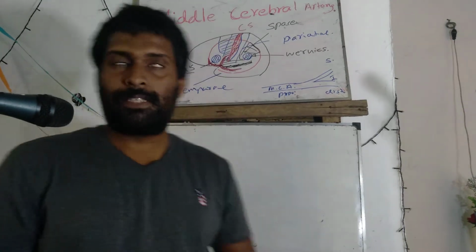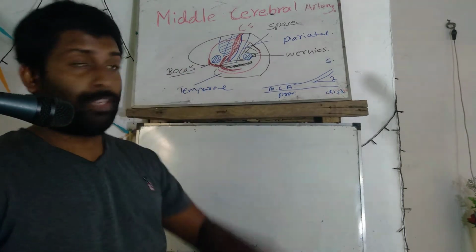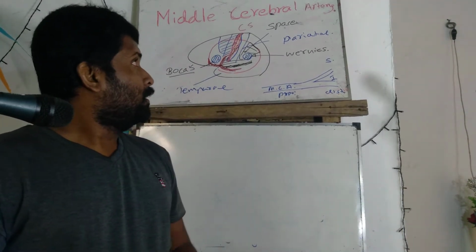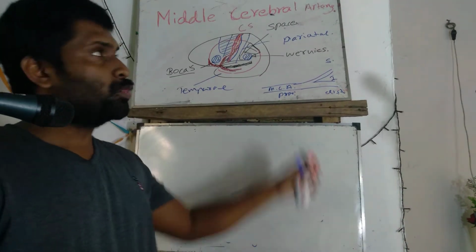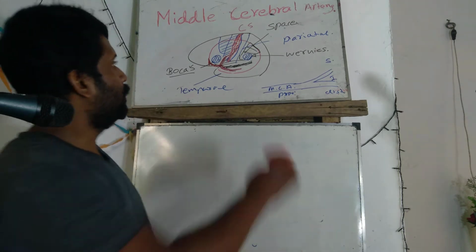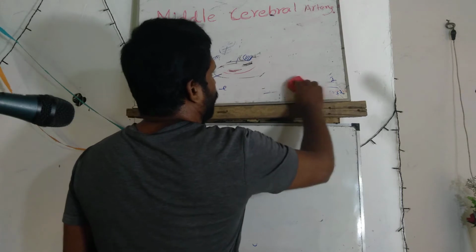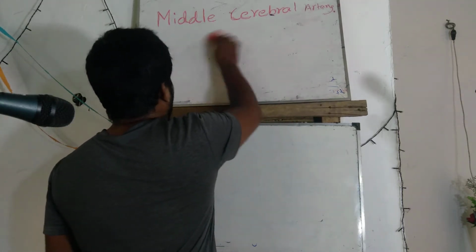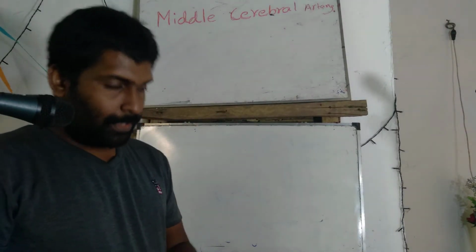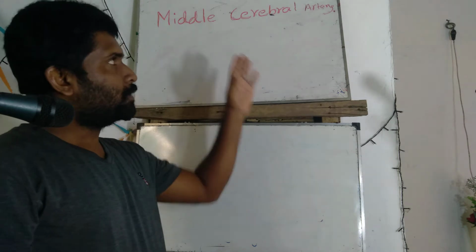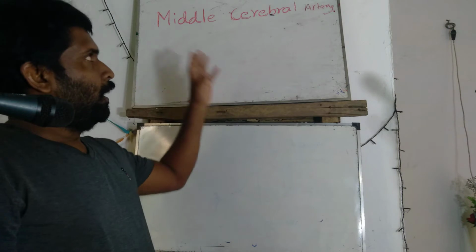Today we are discussing the middle cerebral artery. Today we will also discuss a few things about this artery: the anatomy and blood circulation of the lateral part of the hemisphere.